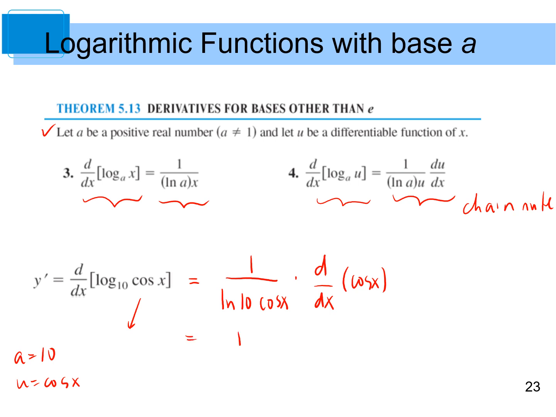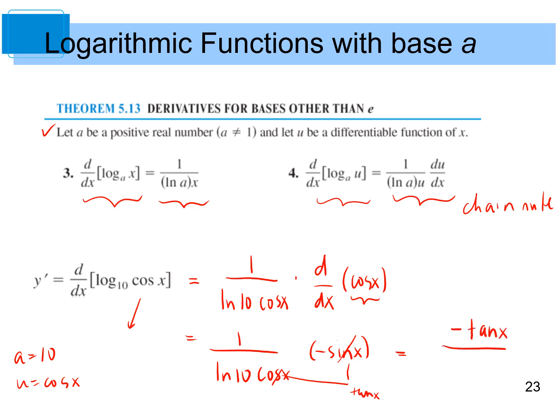So we have 1 over ln of 10 times cosine of x. Now the derivative of cosine of x is negative sine x. We can simplify this by noting that sine x over cosine x, we're not canceling them; instead, we write that as tangent x. So we have negative tangent of x all over ln of 10. So this is our final answer.